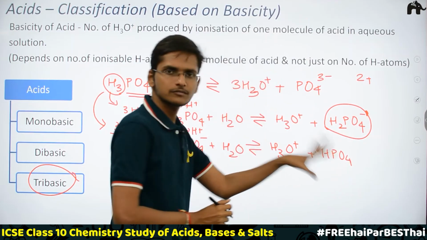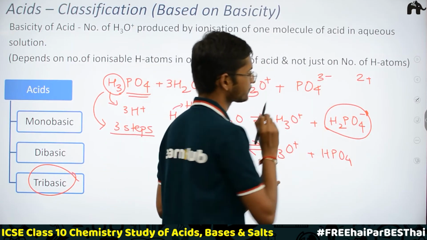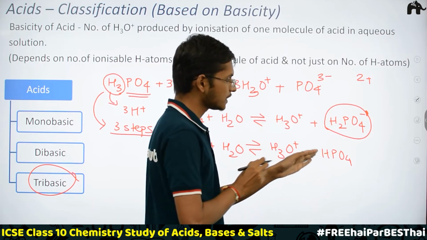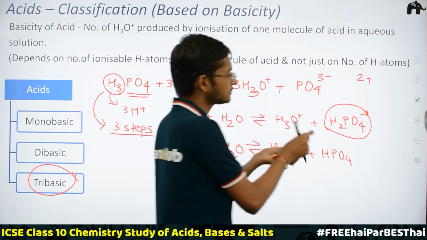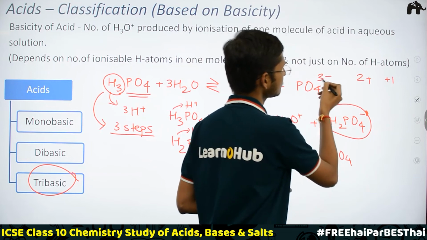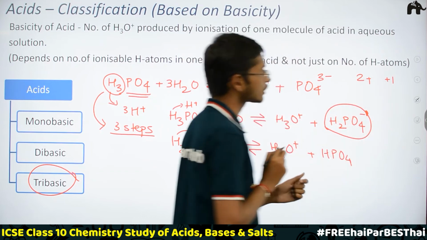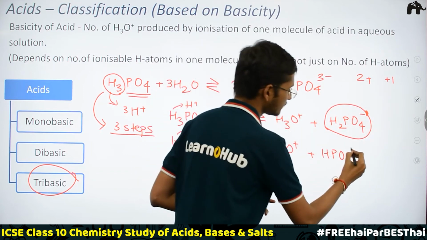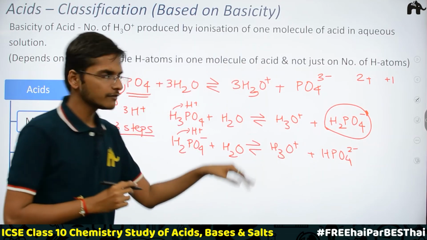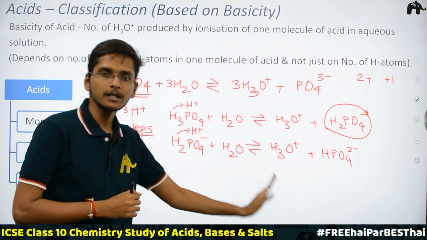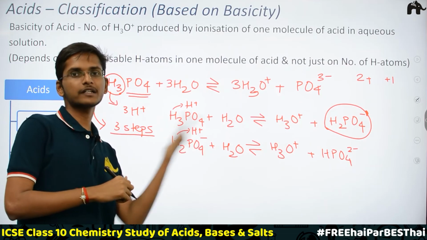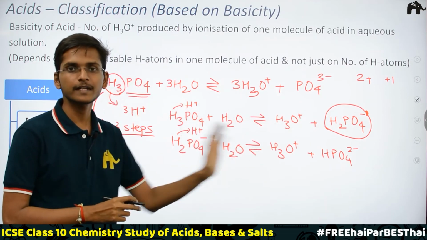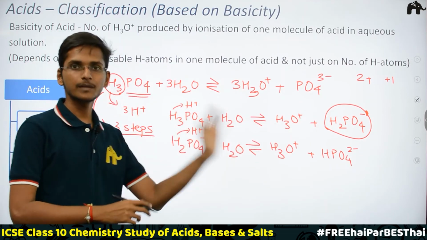Now same logic, PO4 has 3 minus, and here it is 1 H, so plus 1. So minus 3 plus 1 is minus 2. So here it would be 2 minus. And remember, when you write the charges, you first write the number and then the sign. Don't write minus 2, write 2 minus, 3 minus, and in this way 2 plus, 3 plus.